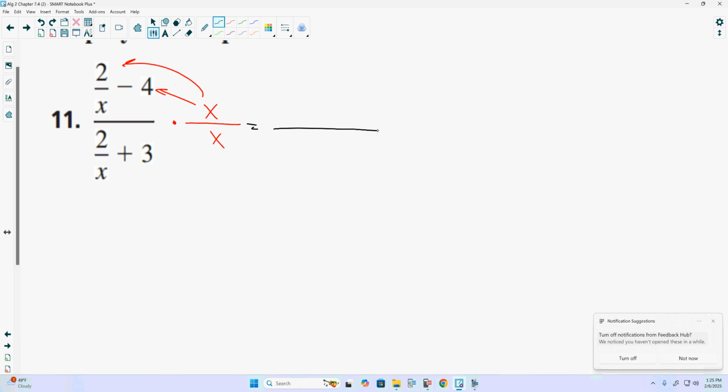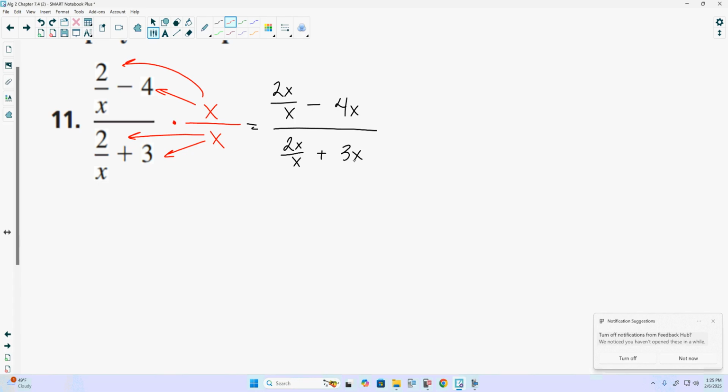Now for us here, our x times 2 over x is going to be 2x over x minus. Even though the 4 doesn't have a denominator, we're going to multiply the x with the 4, giving us 4x. We'll do the same thing with the bottom of the fraction. Our x times 2 over x gives us 2x over x plus our x times 3 is 3x.